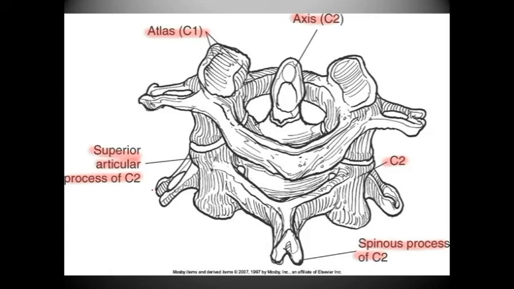So this is kind of a crude drawing of what C1 and C2 and their relationship actually looks like. We have superior articular process of C1 and the inferior articular process of C1, superior articular process of C2, and the inferior articular process of C2. We have the bifid tip, as you can see here.